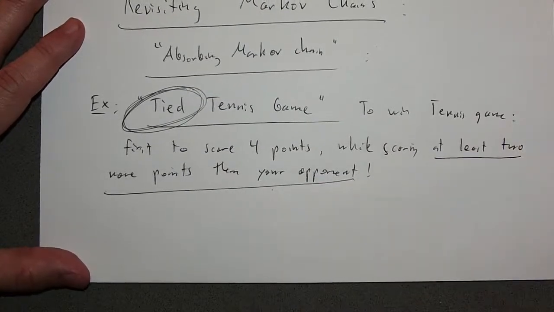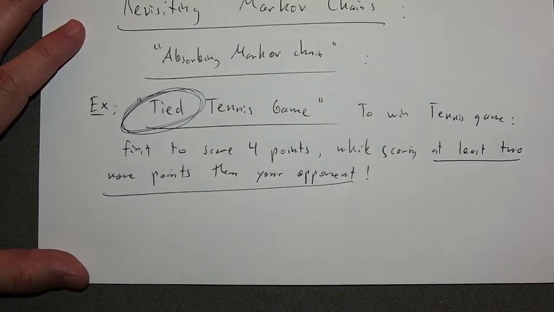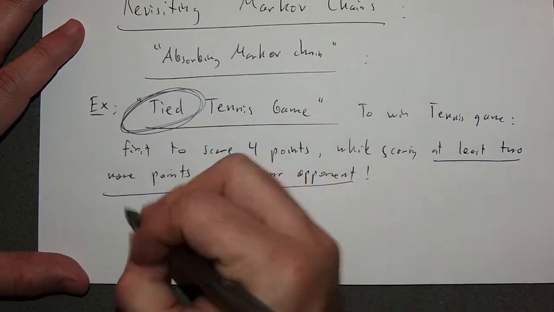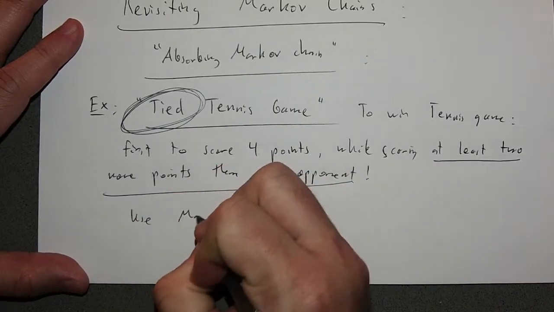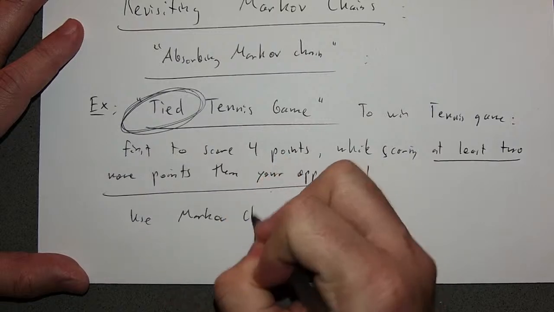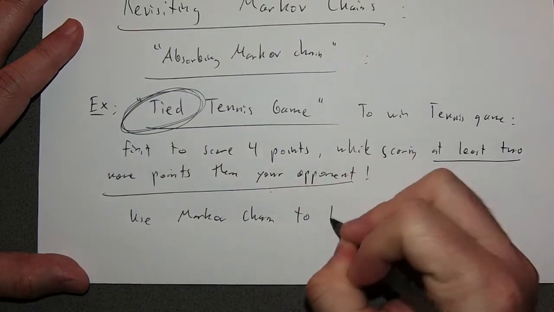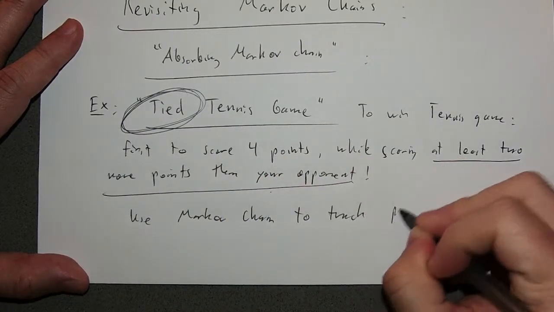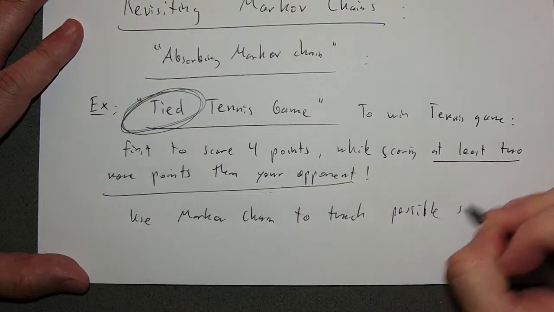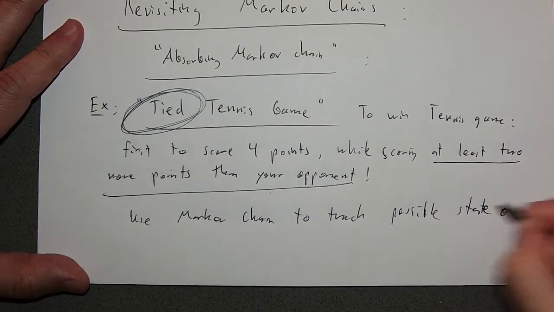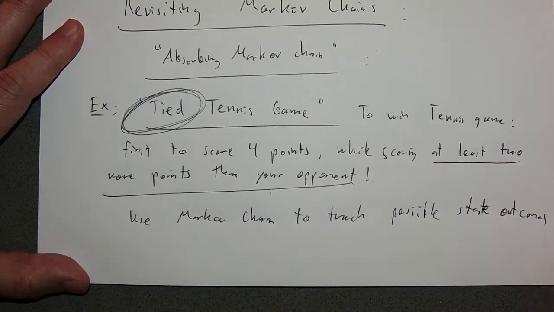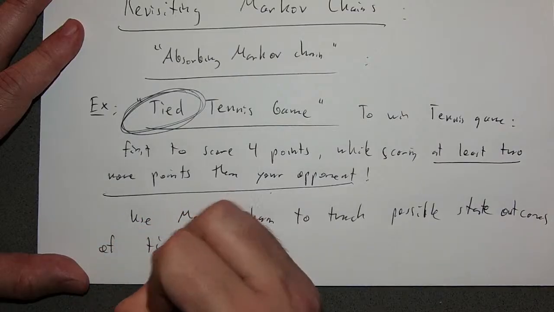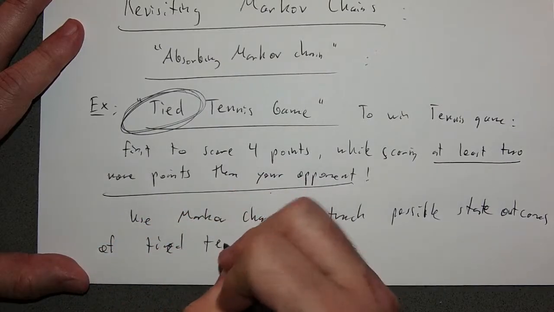So what are the states that the game can be in this Markov chain? So I want to use a Markov chain to track possible state outcomes of a tied tennis match.